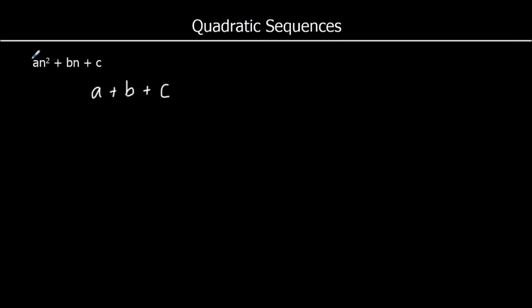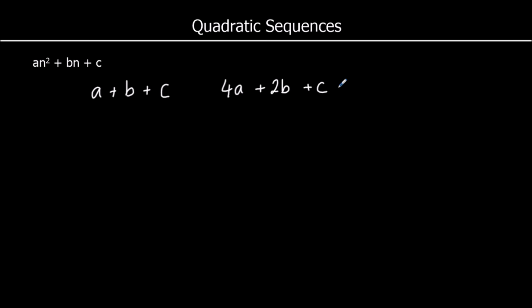So if n is 1, we've got a plus b plus c. If n is 2, so the second term, 2 squared is 4, so we've got 4a, 2 times b is 2b.